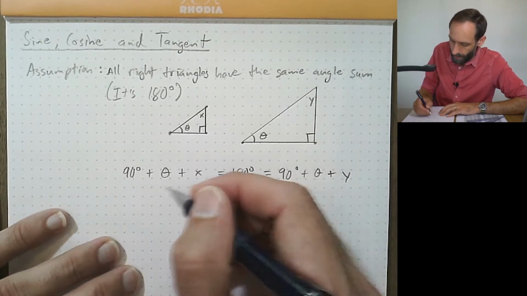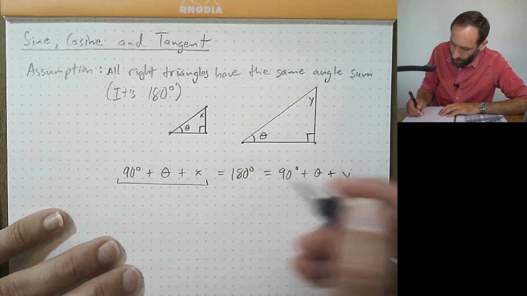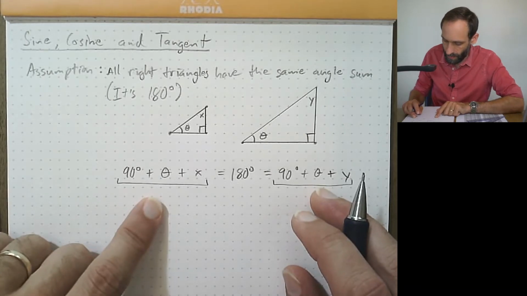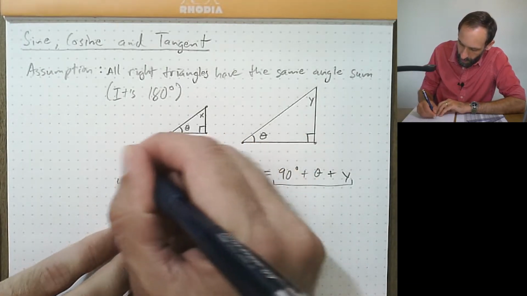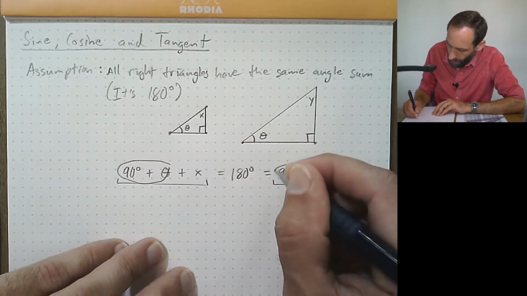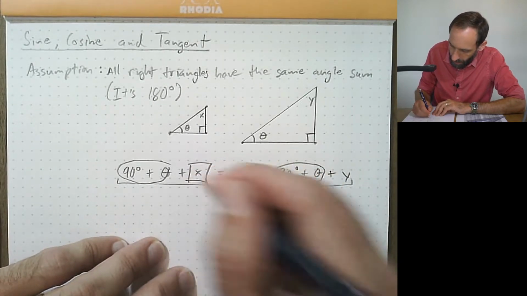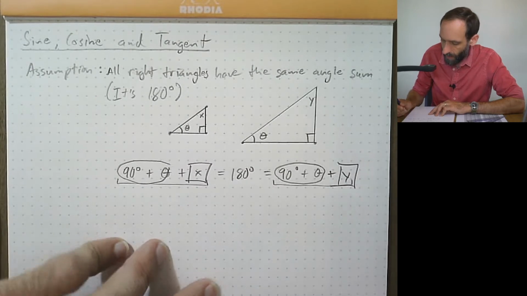Well, since this is equal to 180 and this is equal to 180, then this must equal this. Well, this part here and this part here are the same, which means that what I'm left with is x and this y must be equal.